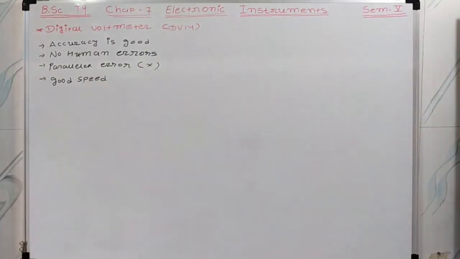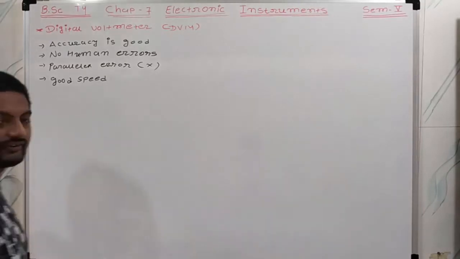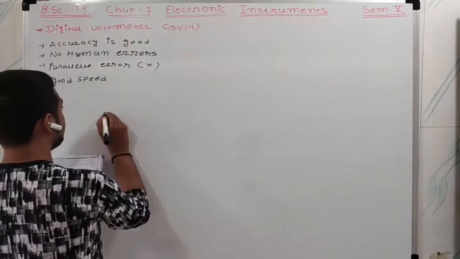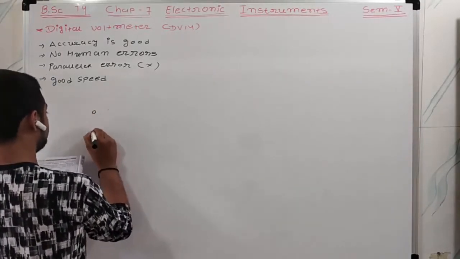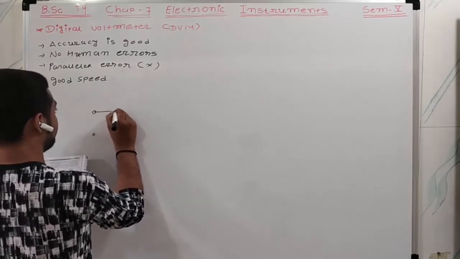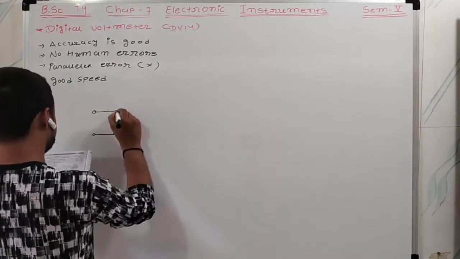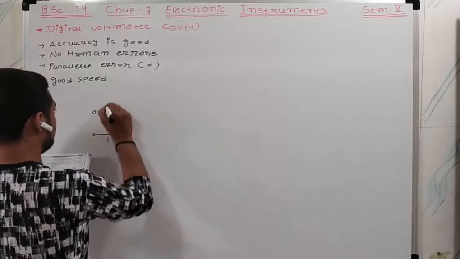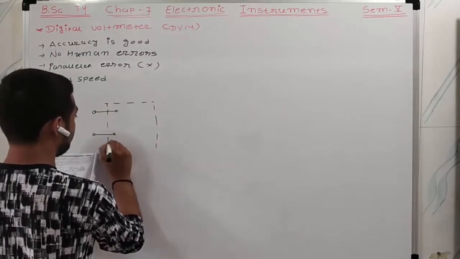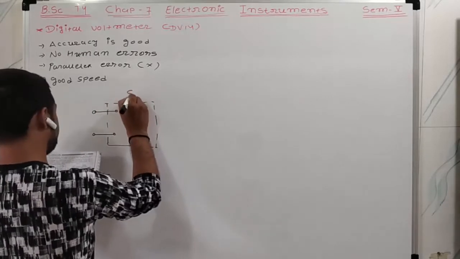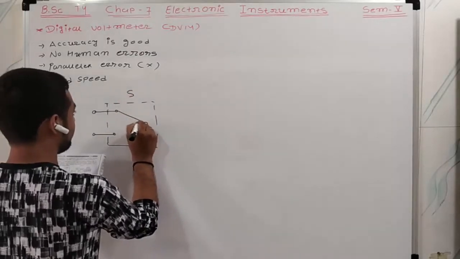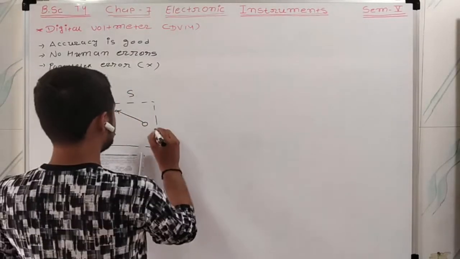Now I am drawing the diagram of digital voltmeters over here. Please check it out, right? So here it is switch S, right?